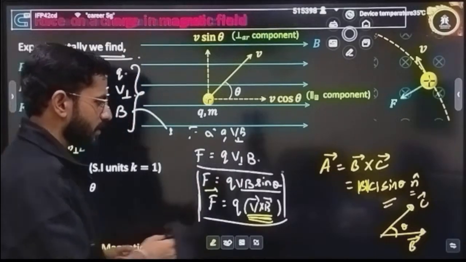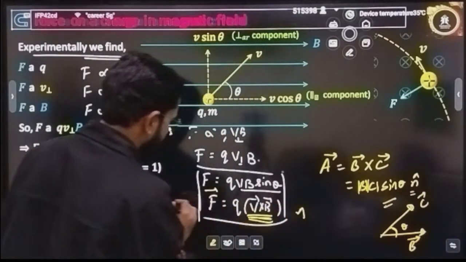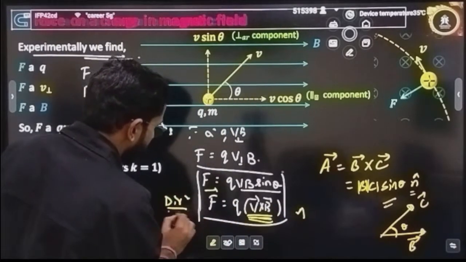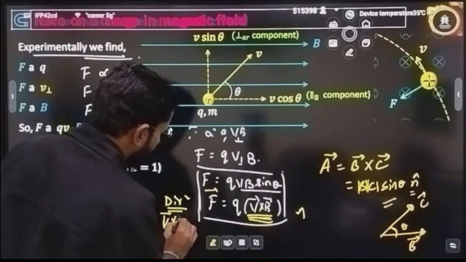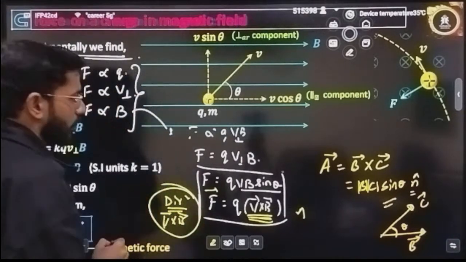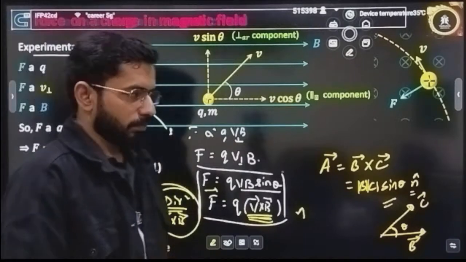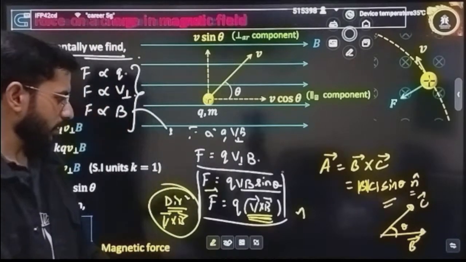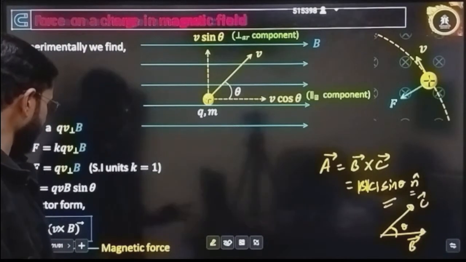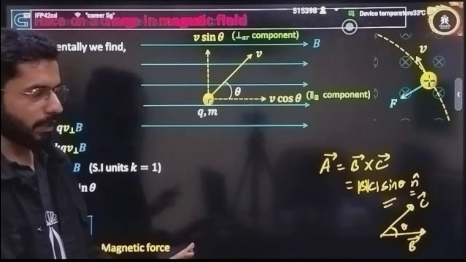Correct? So this is what you have to write. And for direction, direction will be calculated by v cross B. Always remember, v cross B is going to give you the direction. We will have a lot of things about direction, don't worry, but whatever I have taught you, this should be very clear to you.